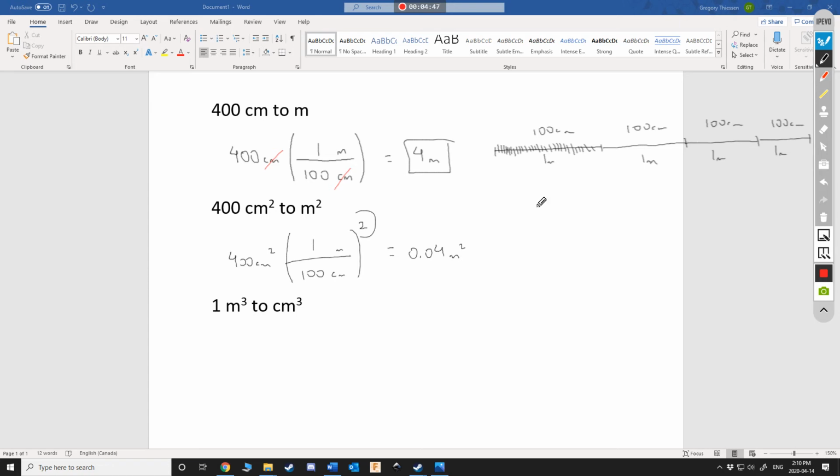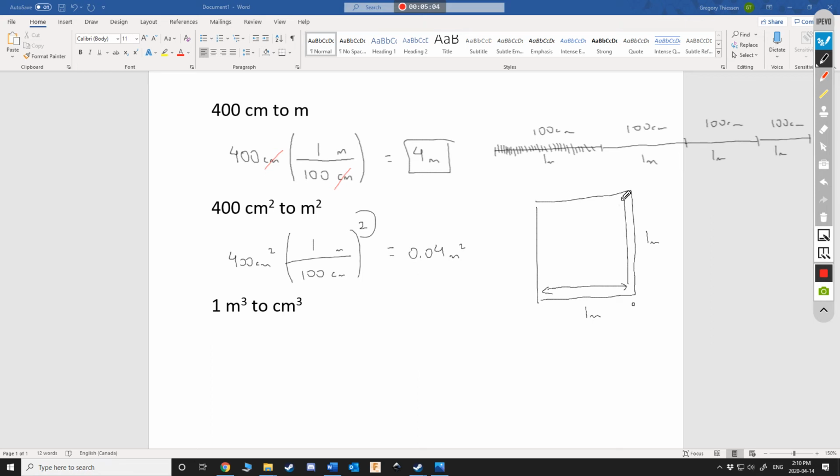How do we visualize what's happening? 1 meter squared looks like this. This is 1 meter, and this is 1 meter. 1 centimeter square is something like that. It's super tiny, because remember, there's 100 centimeters that fit in here and here.